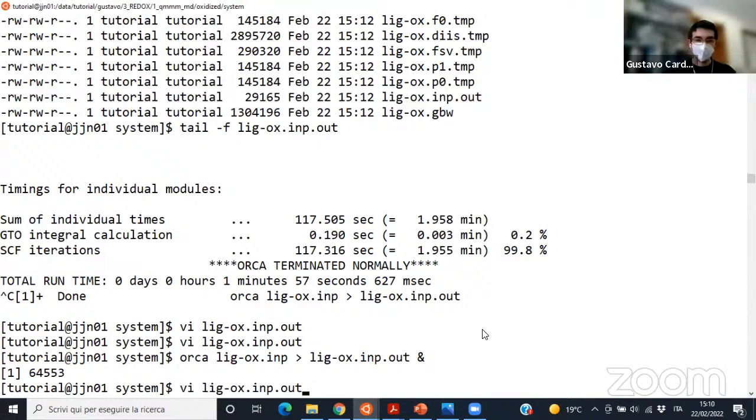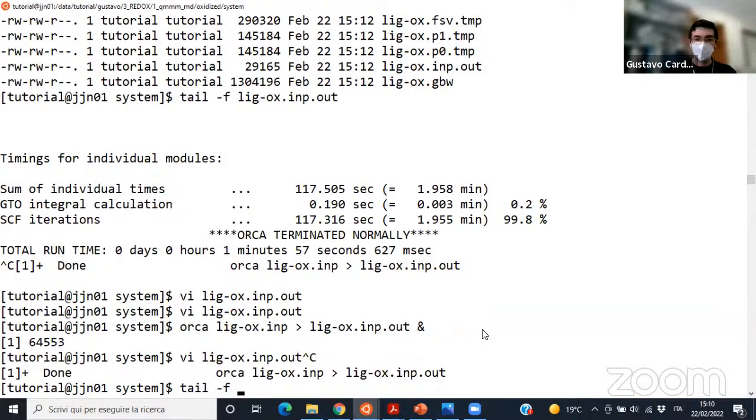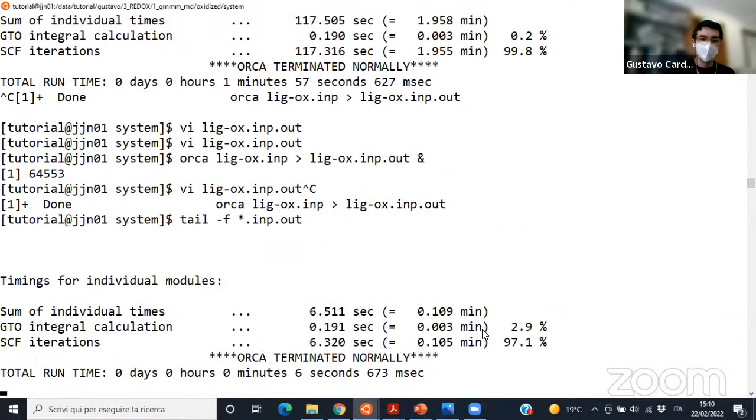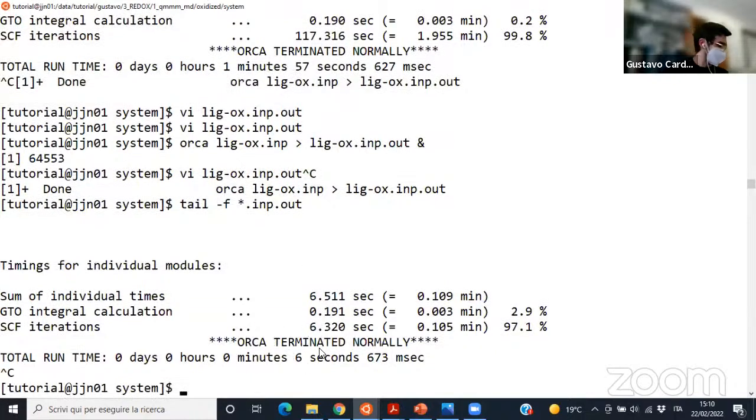So let's just do this tail stuff on the inp.out. Oh, okay. Never mind. The tutorial is tricking me now. No, it took much less than before because Orca has this really nice thing that it reads the wave function that you have in your working directory, and it takes this as a guess for your new calculation.